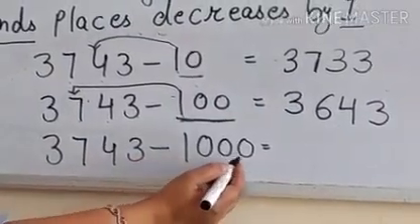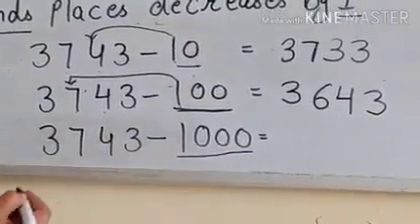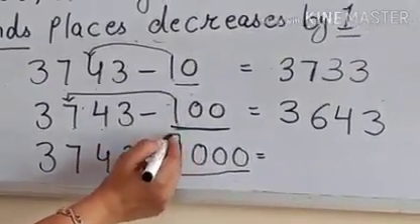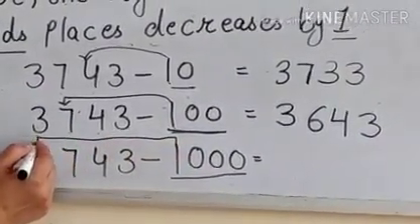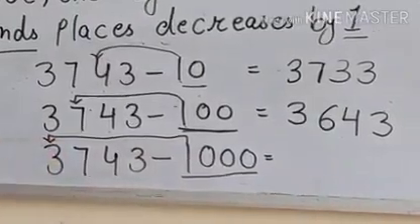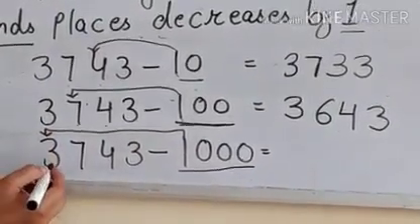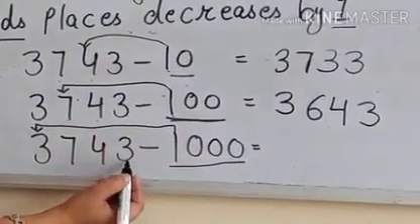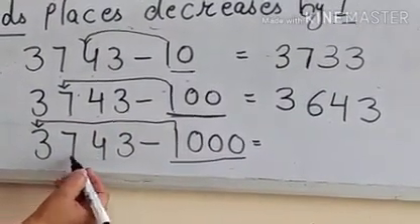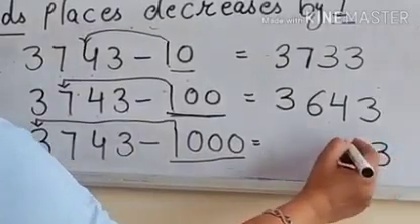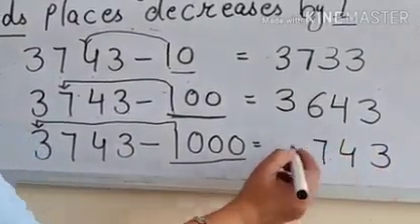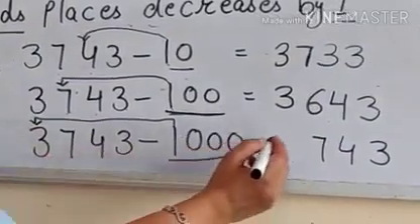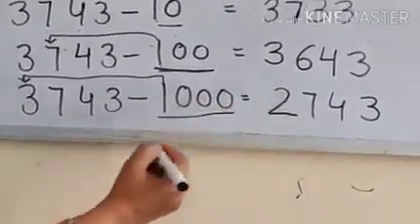In this example, we are going to subtract 1000 from that number. So this 1 we will subtract from the thousands place number, that is 3. So what do we get as the answer? This 3, 4, 7 will remain the same, and when we subtract 1 from this 3, we will get 2.